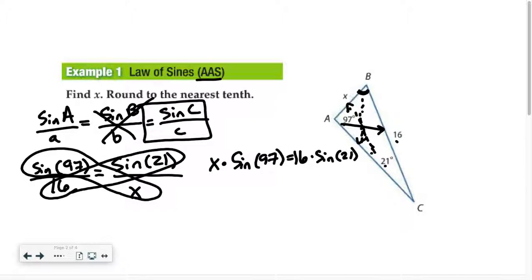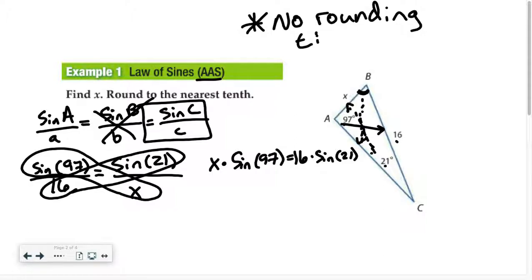On those scientific calculators, you guys are familiar with using these at this point. You'll take sine of 21, get the decimal for that, multiply it by 16. No need to round until the final steps of these problems. Let's make a note of that: no rounding till the end.